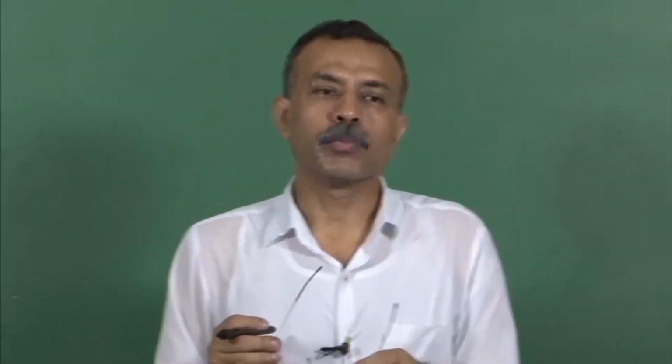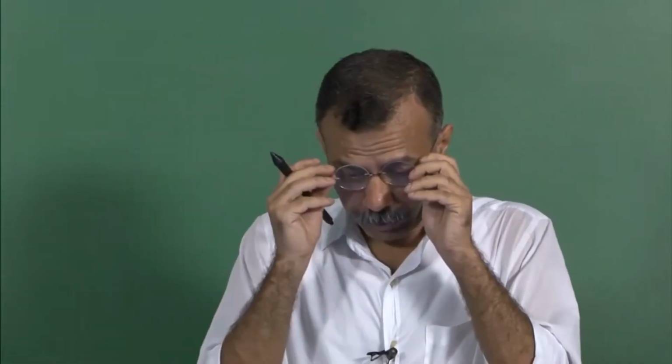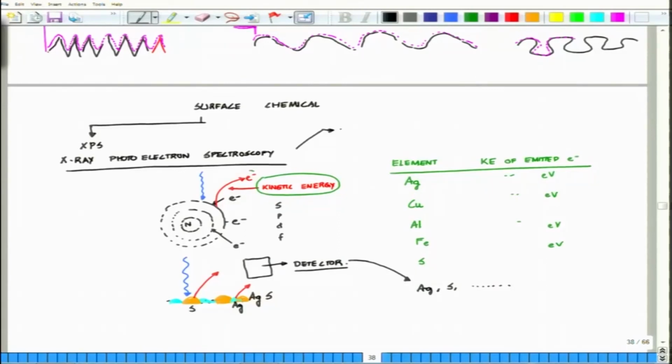The fundamental of X-ray photoelectron spectroscopy is this, and it is one of the most powerful surface characterization techniques. The power of the technique is you can do a very simple elemental analysis. You can do a surface analysis.